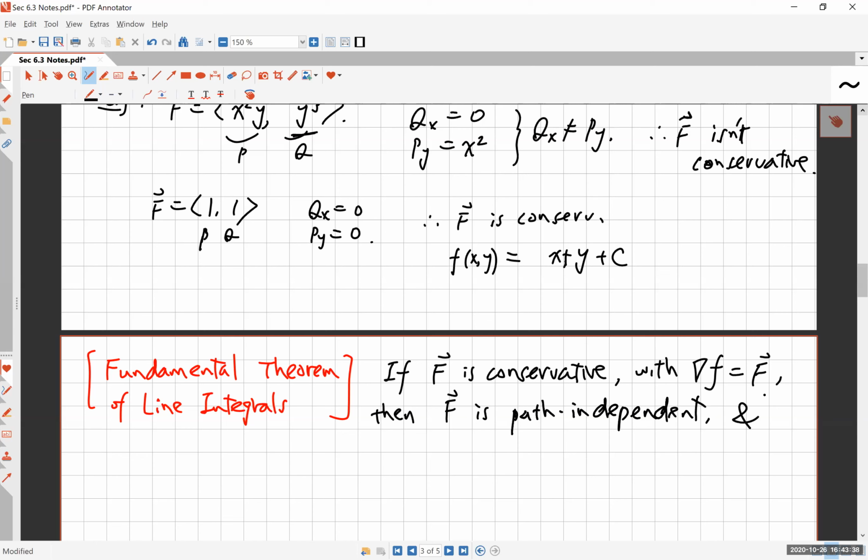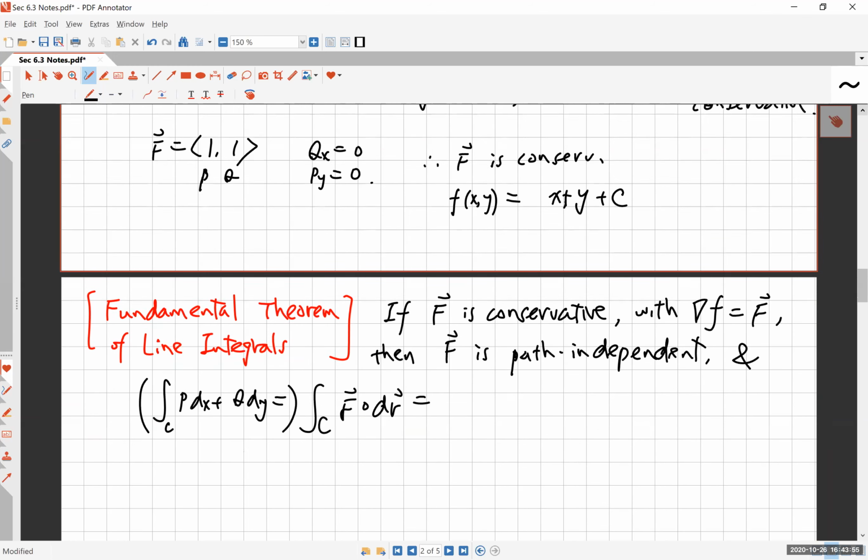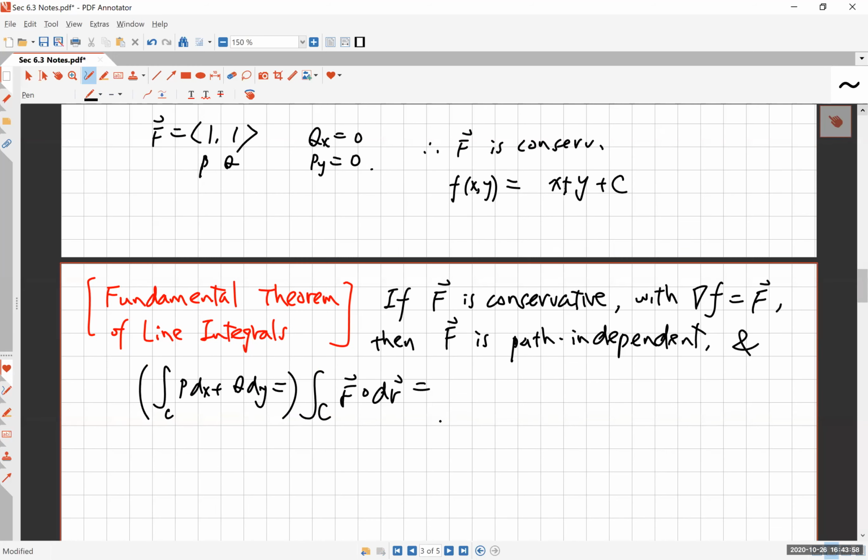And here's the most important part of this. That line integral I was talking about, the integral of F dr, which is, by the way, the integral of P dx plus Q dy. There are a few other ways to denote this, but that's the work integral.